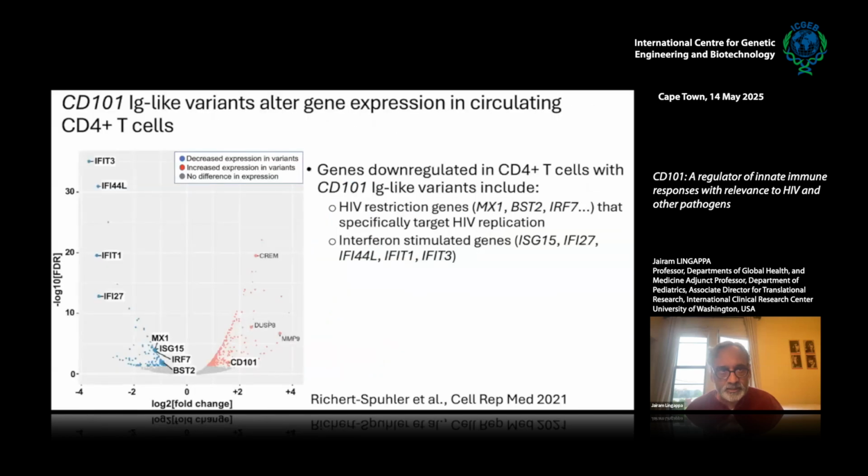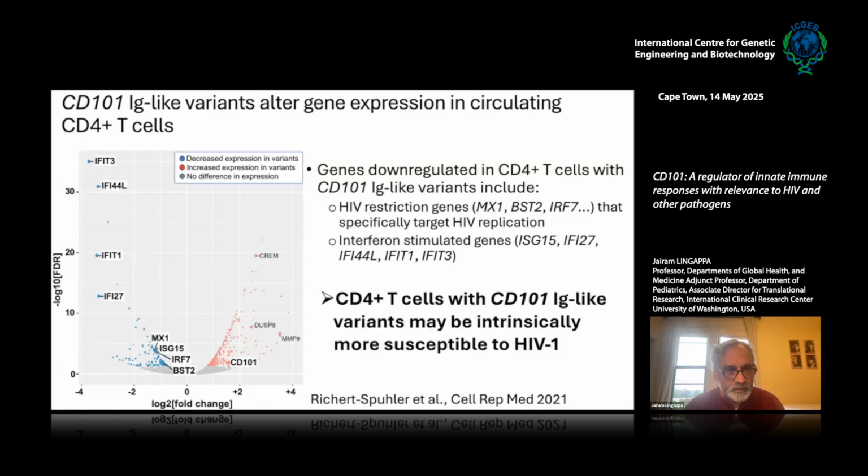And finally, we also looked at gene expression in CD4 and CD8 T cells, and we found that this plot here shows either the upregulation in red or downregulation in blue of particular genes in individuals with Ig-like variants, compared to those without Ig-like variants, and the statistical significance of that change in expression is on the y-axis.